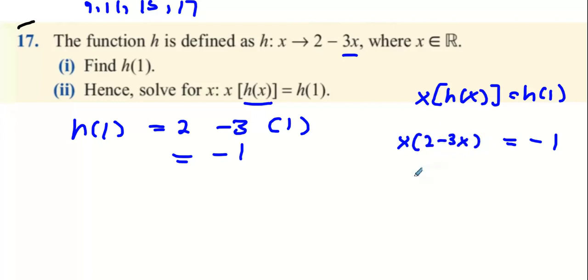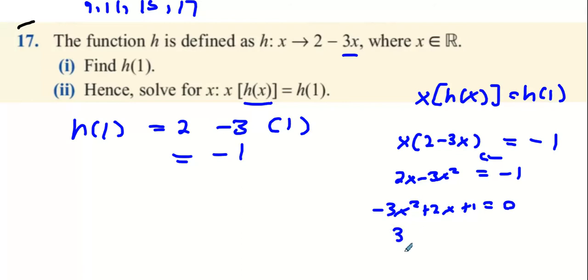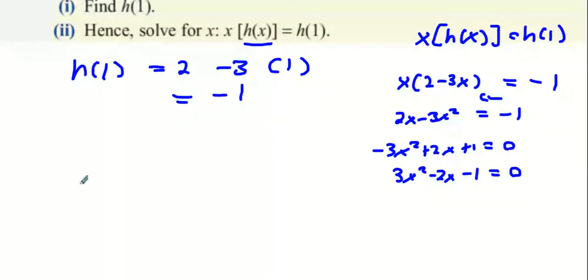And then multiply it out, you get 2x minus 3x squared equals minus 1. Move it over to one side and we get minus 3x squared plus 2x plus 1 equals 0. Multiply both sides by minus. All right, what's the reference number this time? 3 times minus 1?